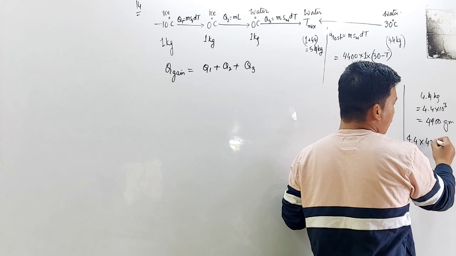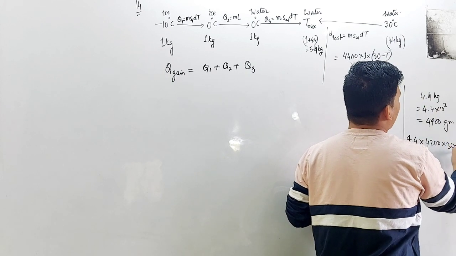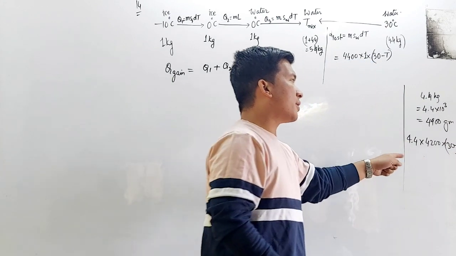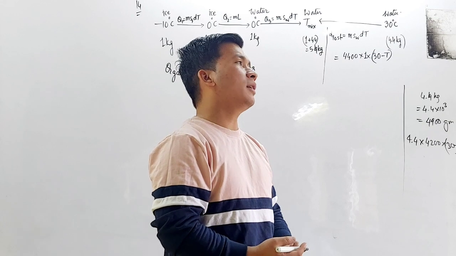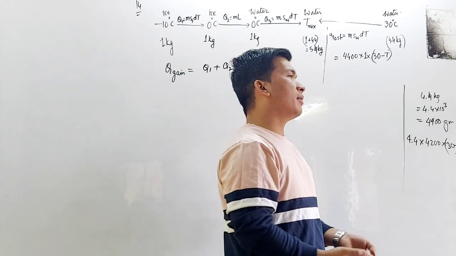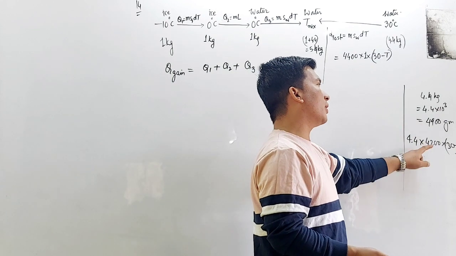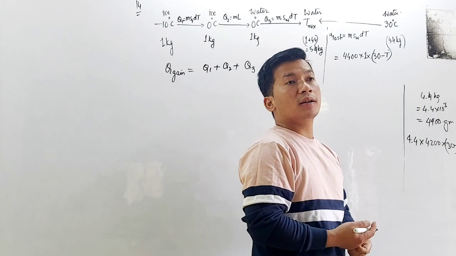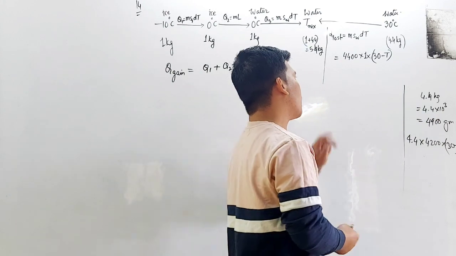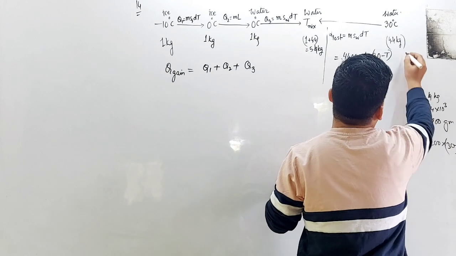Our calculation becomes unnecessarily increased when you find the numerical values, very big, so you convert into the smaller unit. Now the heat will be in terms of calories.